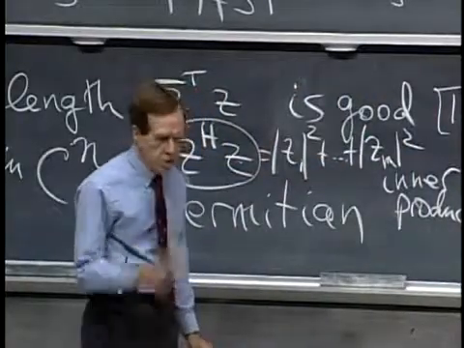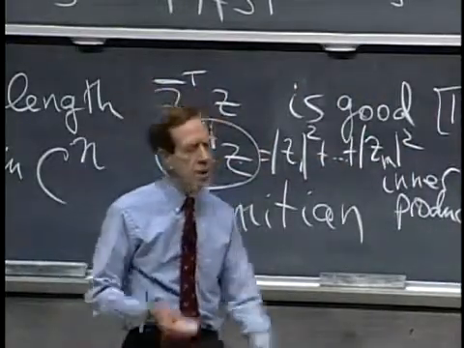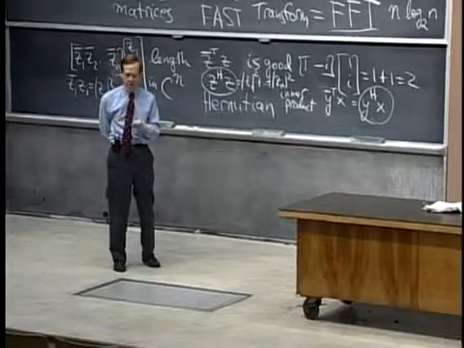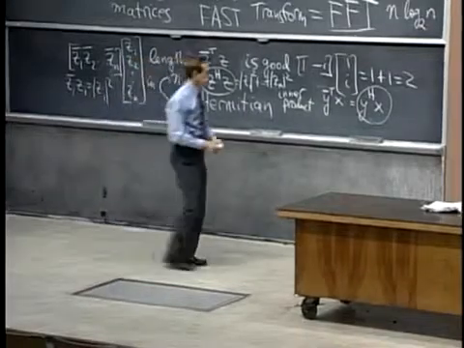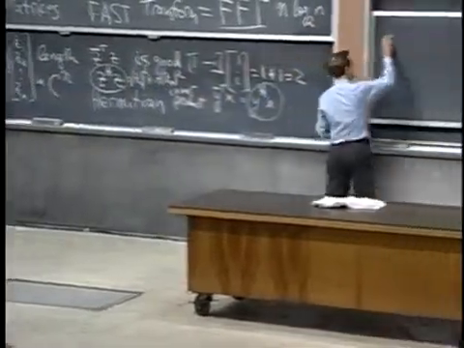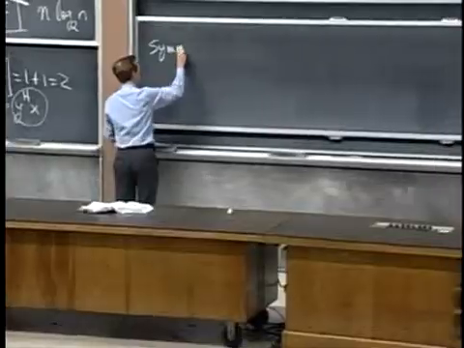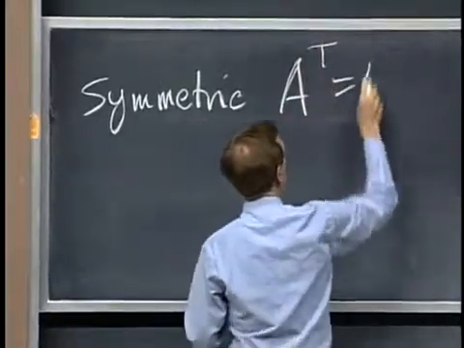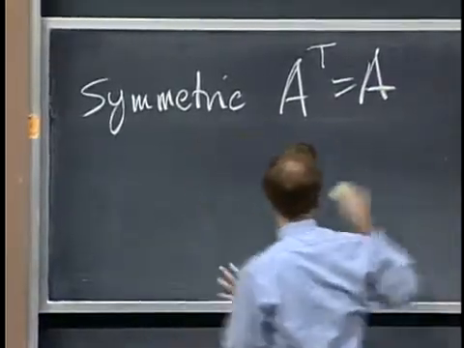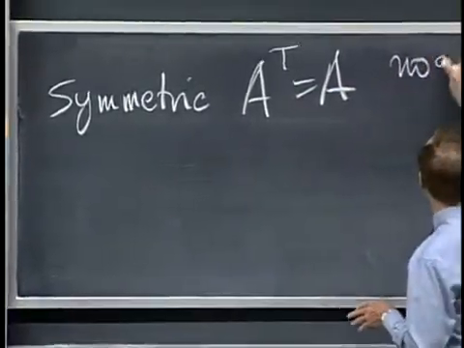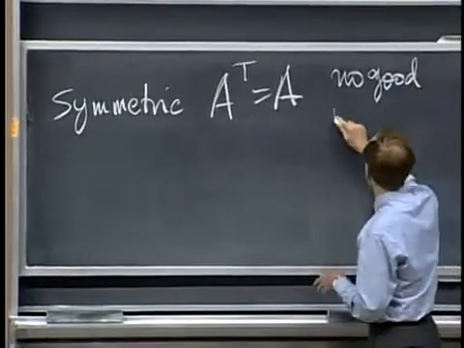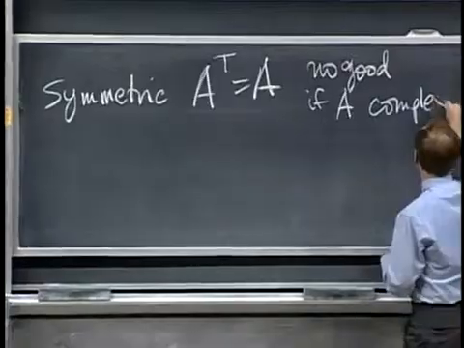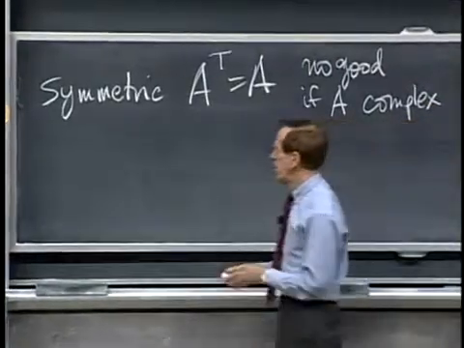One more change. Well, two more changes. We've got to change the idea of a symmetric matrix. So I'll just recap on symmetric matrices. Symmetric means A transpose equals A, but no good if A is complex.